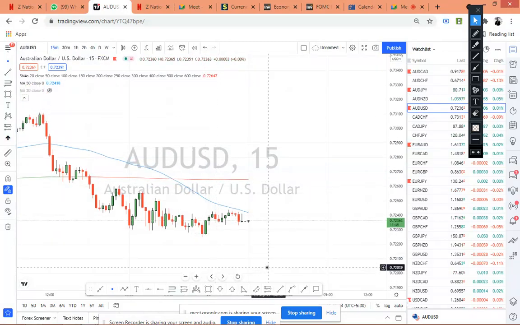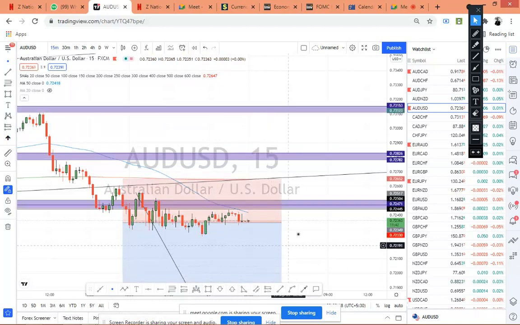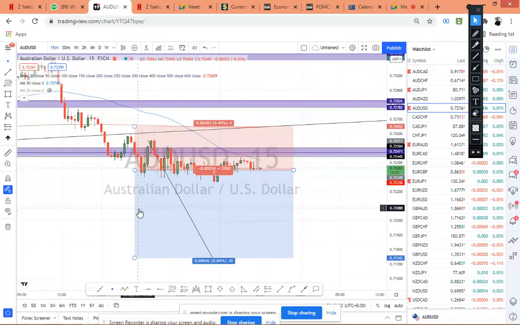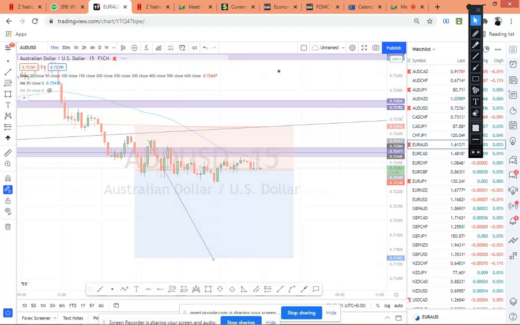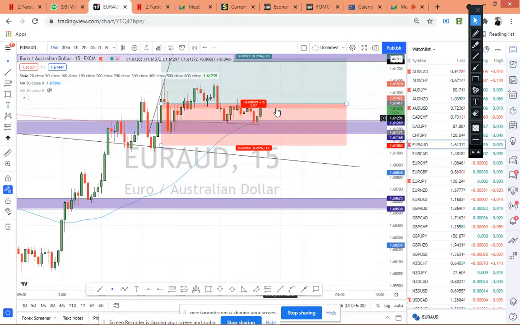The pips might not be the same, but the market will still move according to our plan. So let's say our first take profit on AUD USD is here, because on Euro AUD the take profit level is not long. Something here.